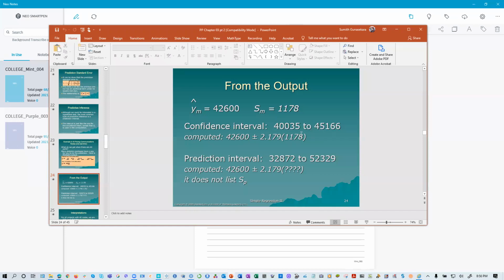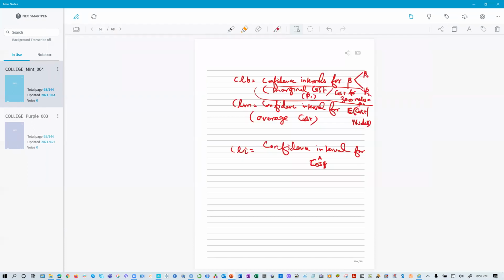Confidence interval for cost. I'm going to say cost. That's it. Cost. If you want, you can add cost per node, but it's simply cost.